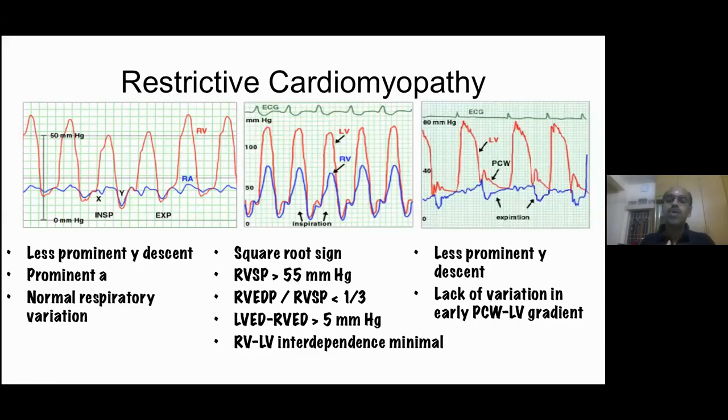Normally, whenever there is a deep inspiration, the blood gets pooled within the lungs and the filling of the LA and LV is low. In all normal people, during inspiration, when the intrathoracic pressure falls and the lungs expand better, the pulmonary arterioles, capillaries and veins all hold more blood.